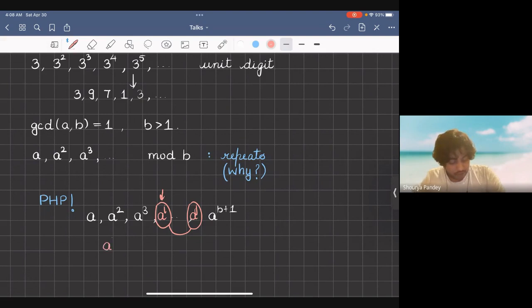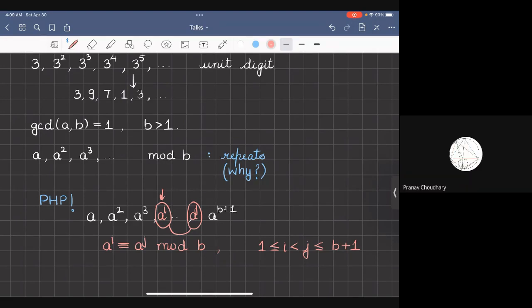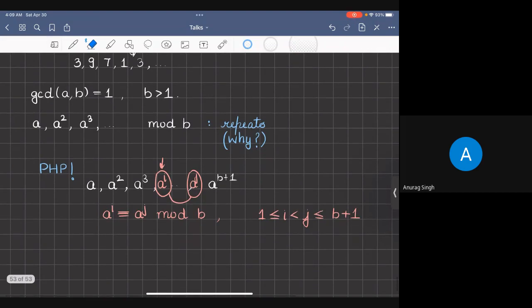I know that a to the i is congruent to a to the j mod b by the pigeonhole principle, where 1 is less than or equal to i, i is less than j, and j is at most b plus 1. But then how do I prove that this sequence is actually periodic from the very start? Since b and a are coprime, you can just divide by a to the power i and see that a to the j minus i will be 1 mod b. Yes.